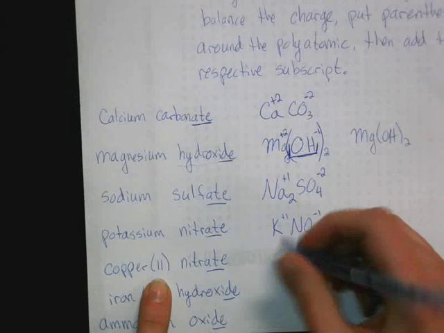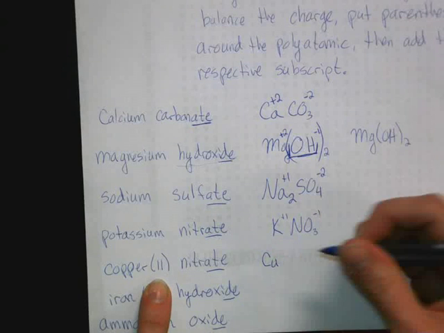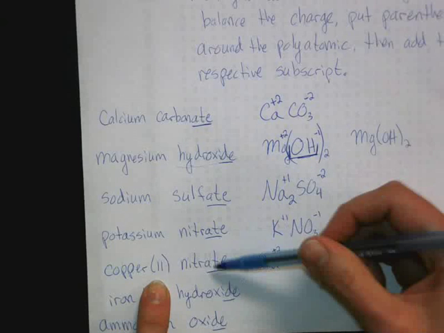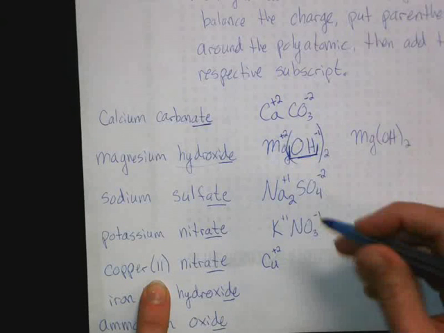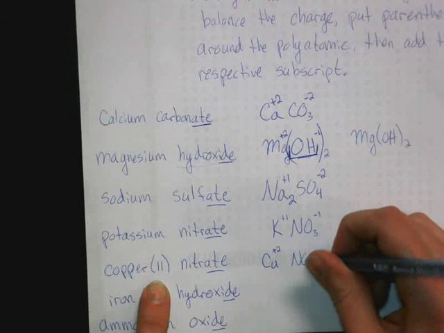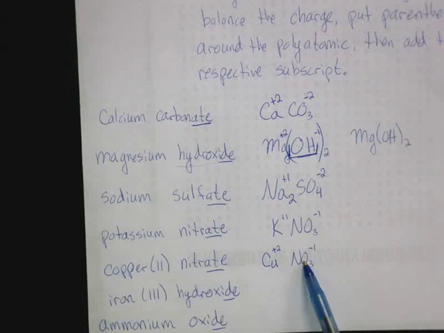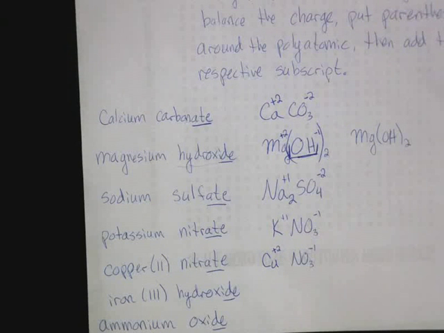Copper 2 nitrate. Okay, now we have some variable charges. The Roman numeral tells us the charges. So copper is Cu. The Roman numeral says it's a 2+. Nitrate, it's the same nitrate from up here, so it's an NO3, and we have a -1 charge. So I have a +2 charge coming from my copper.